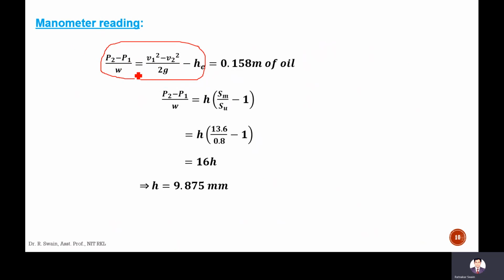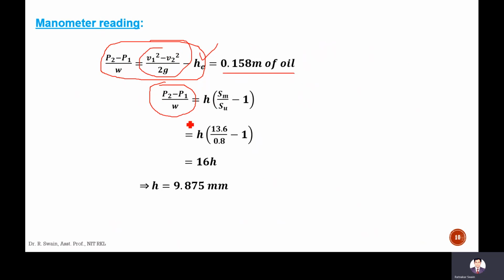From that equation, the pressure head difference P2 minus P1 by W is H. This is (V1 square minus V2 square) by 2g minus HE. HE already you have calculated, V1, V2 you have already calculated. If you put the values, you will get 0.158 meter of oil.